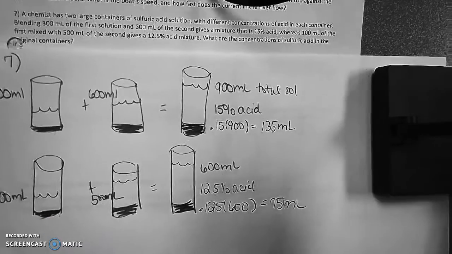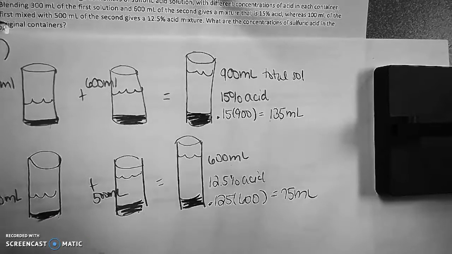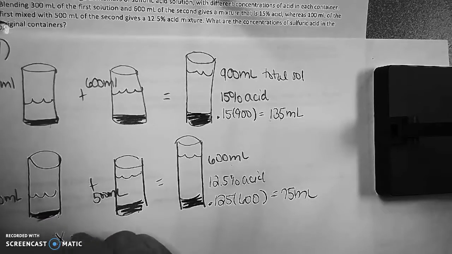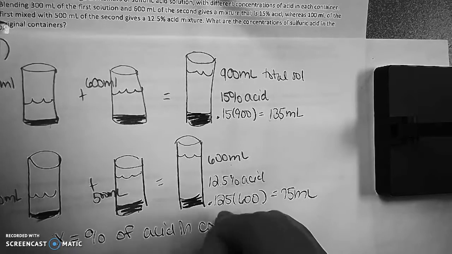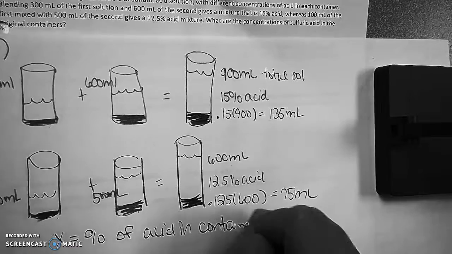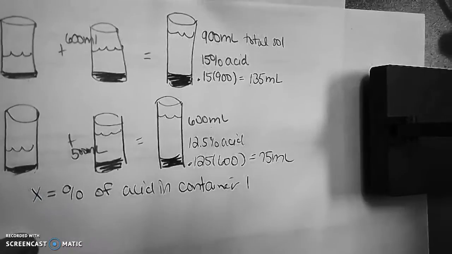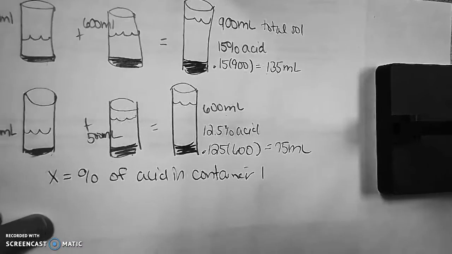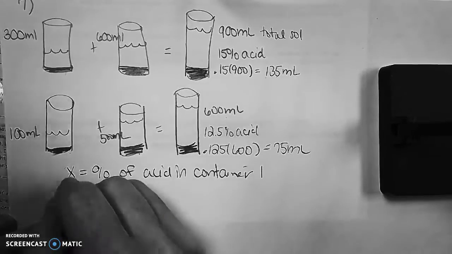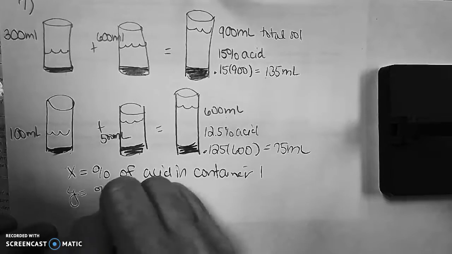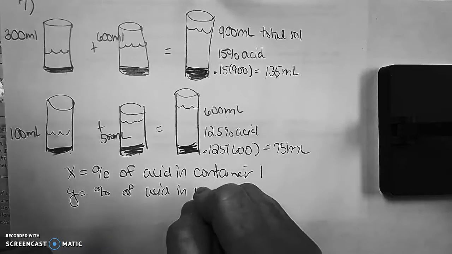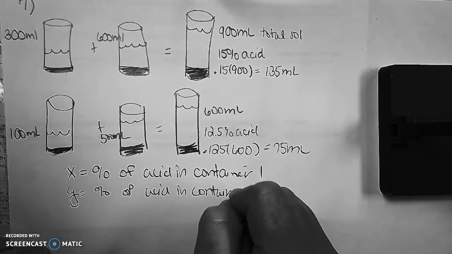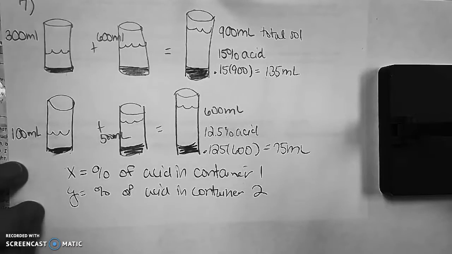So let's keep reading. It says, what's the concentration? What we are actually finding here is we don't know the percent of acid in container 1, so we'll let X be that, and we'll let Y be the percent of acid in container 2.